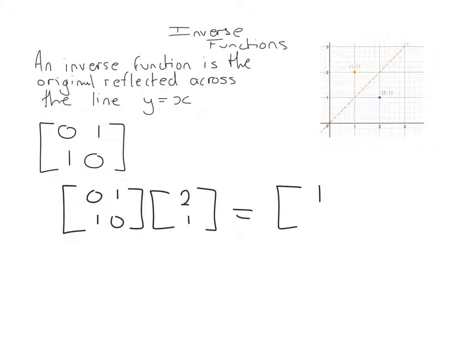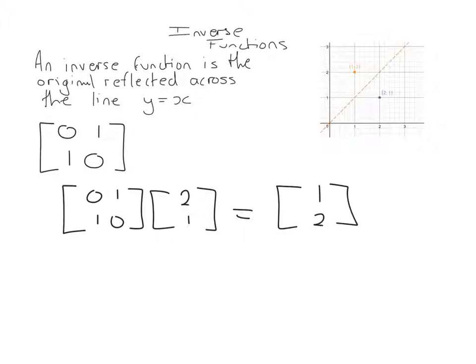That would go in the top position. The bottom position would be 1 times 2 plus 0 times 1. So 1 times 2 is 2. And you can see there that from my original point 2, 1, they've just swapped spots and become 1, 2. So this means the orange point up here is the inverse of the purple point, or the original one.